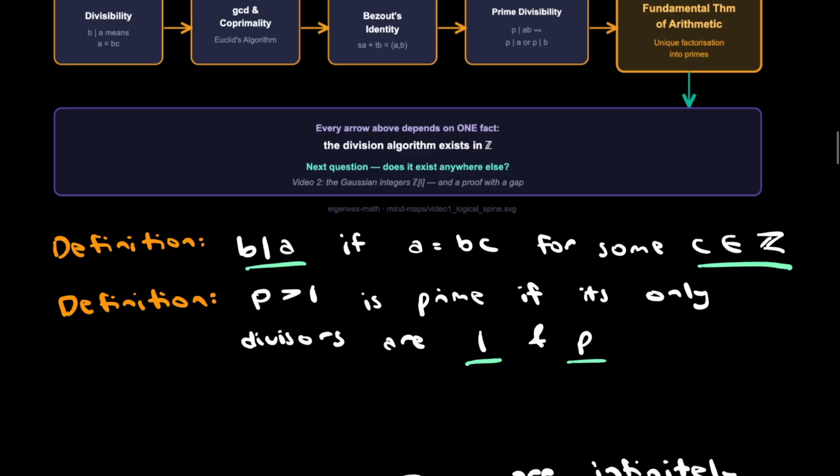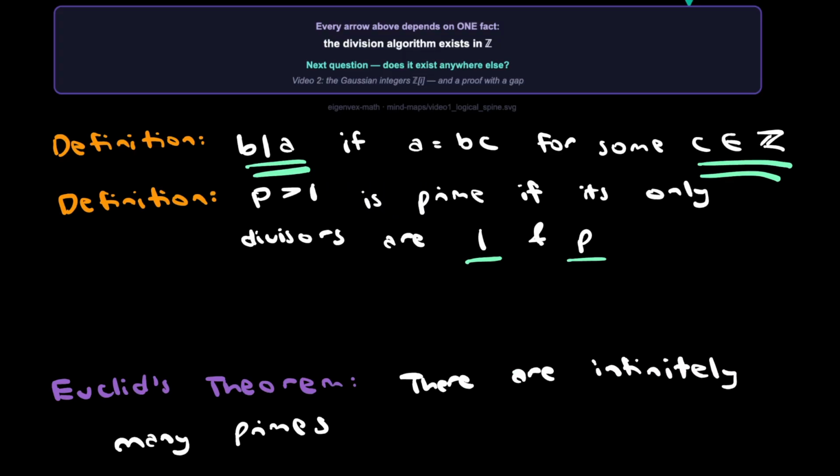And these seem simple enough, but we're going to see later on why these definitions matter. And also, a side note: if n is greater than 1 and is not prime, the opposite of this, we call this a composite.